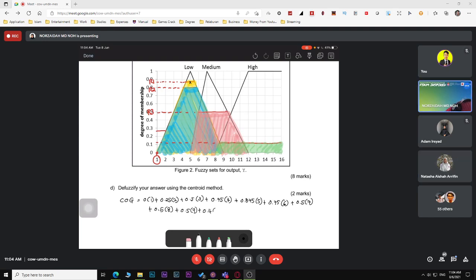Yes 0.4. 11, 0.2. 12, okay sebab 12, 13, 14, 15, 16 tu sama, saya nak sekalikan, so dia punya 0.125 darab. 12 plus 13 plus 14 plus 15 plus 16, okay betul.